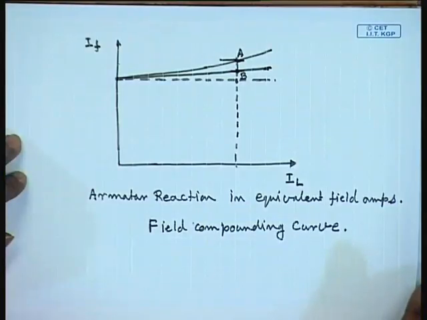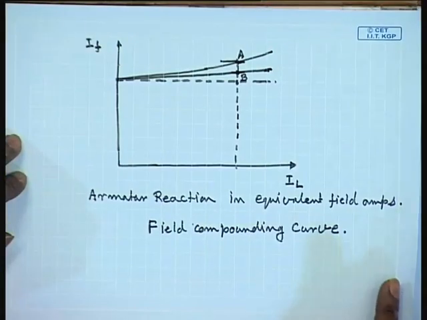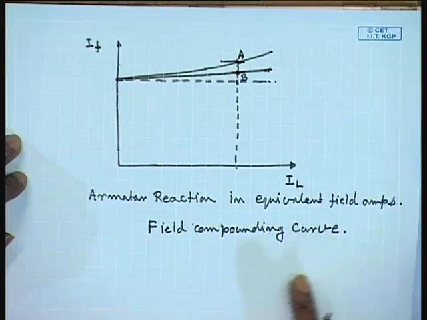It is easy to understand that this field compounding curve can be obtained at different speed and at different terminal voltage. However, in order to find out the equivalent field amperes for the armature reaction, it is necessary to find out the field compounding curve at the required terminal voltage.